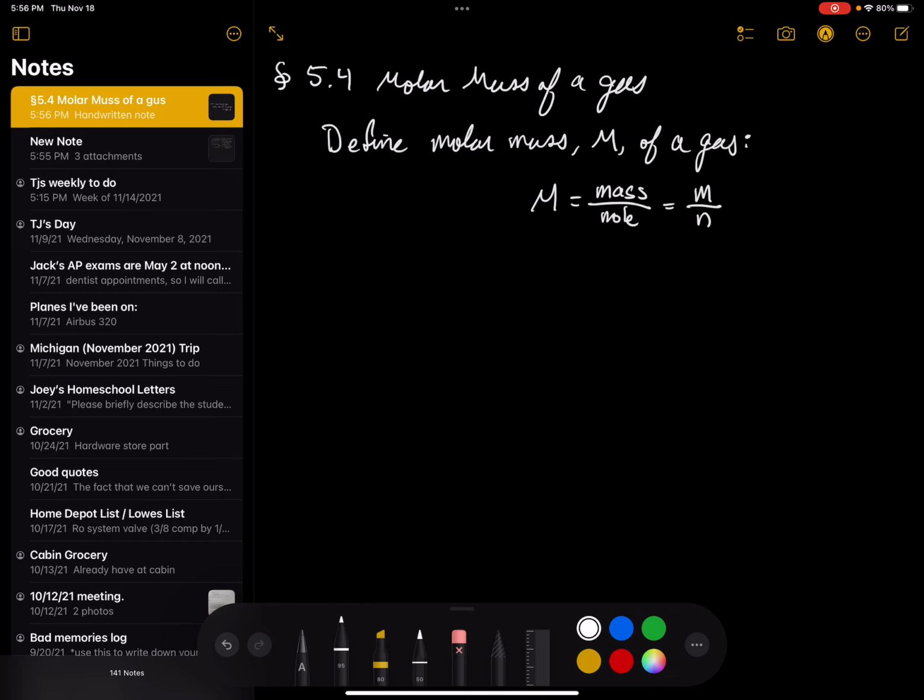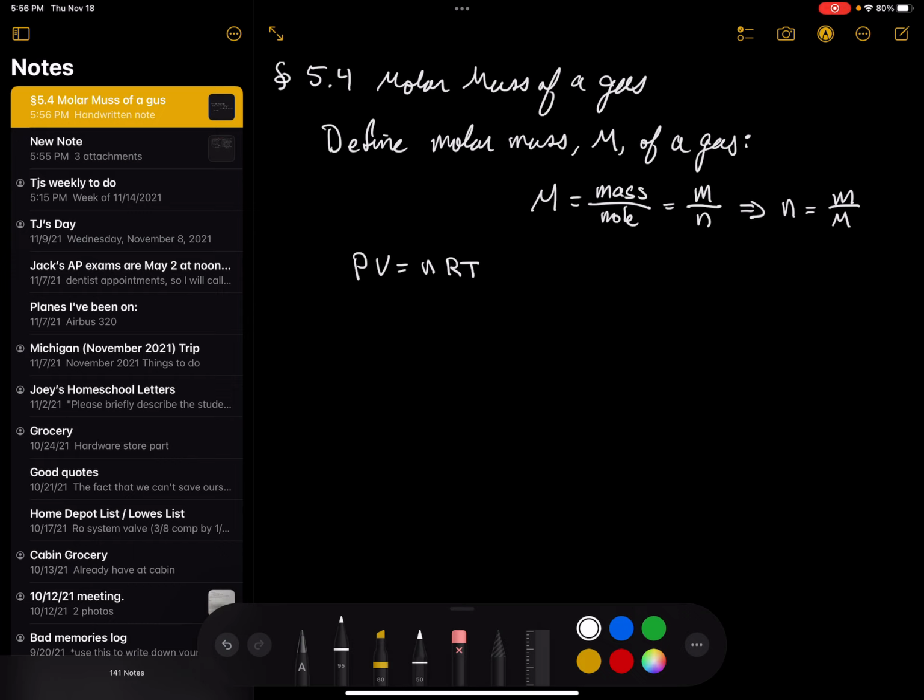Okay, now we can integrate this into the ideal gas equation where we say that PV equals nRT, and we can rewrite our definition of the molar mass and say that n is equal to little m divided by big M.